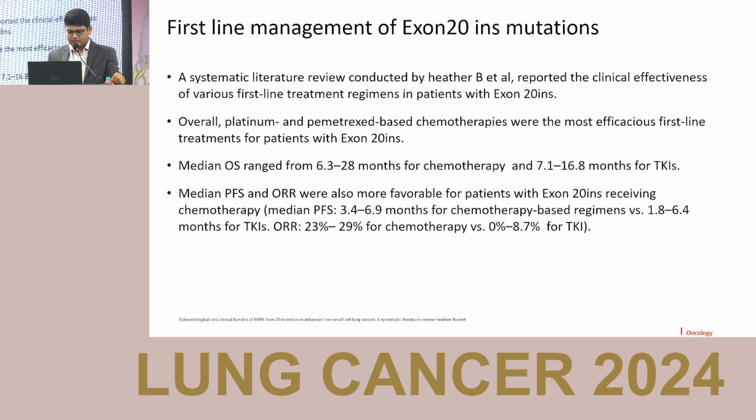Median PFS is around 3 to 7 months for chemotherapy based regimens, and around 2 to 6 months for TKI. Initially we had TKIs, poziotinib and mobocertinib. Unfortunately both of them are withdrawn now, though they used to work in this kind of mutation, and now probably amivantamab is the only drug which is approved.